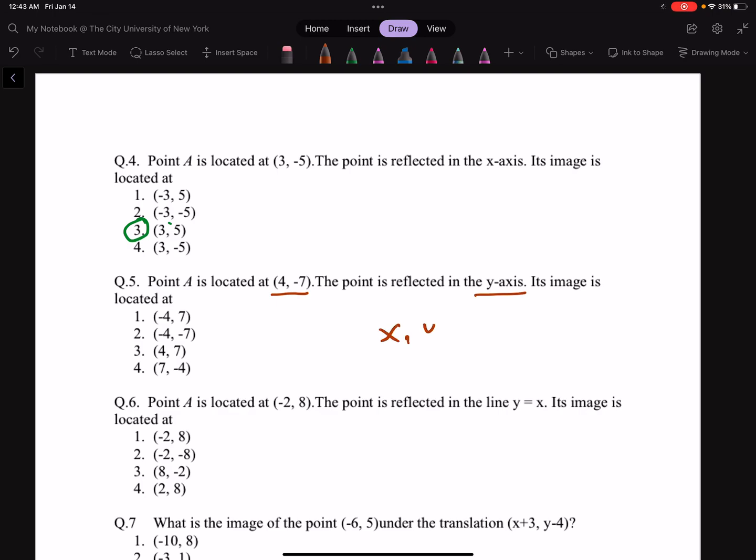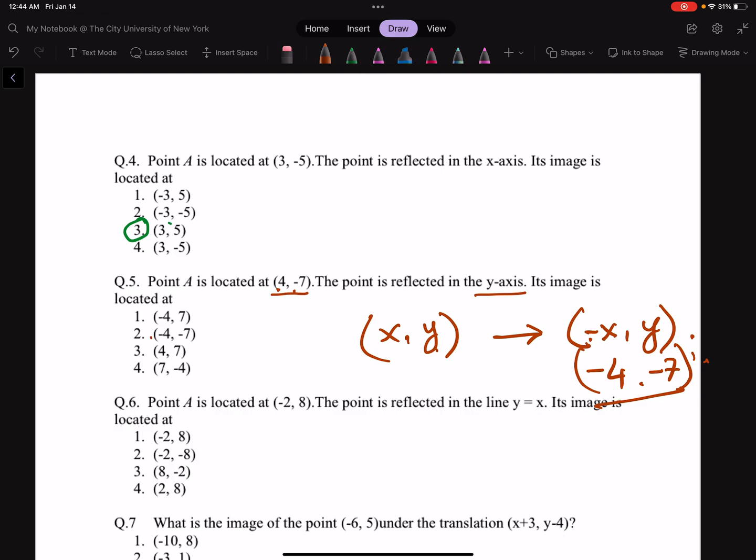Reflection through the y-axis tells us (x, y) transforms to (negative x, y). So if it is 4, that should be multiplied by negative, so negative 4. And y stays negative 7. So we should look for negative 4, negative 7. Negative 4, negative 7 is here, number 2.